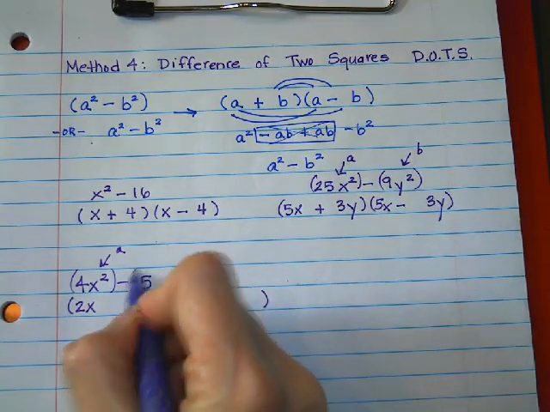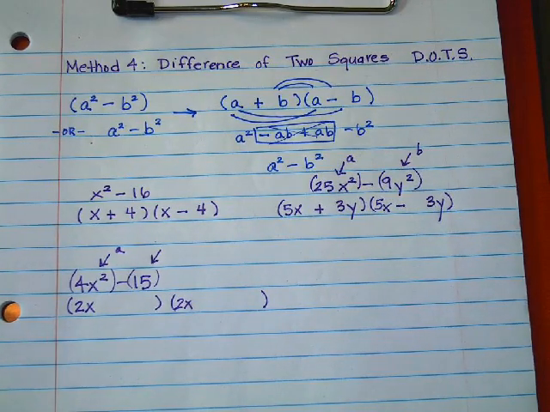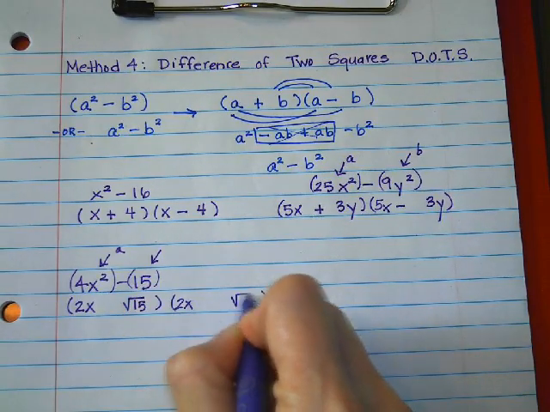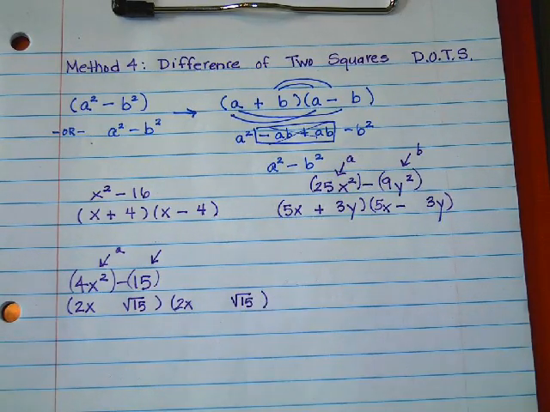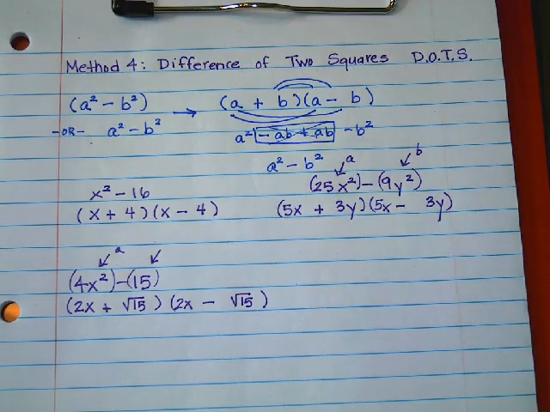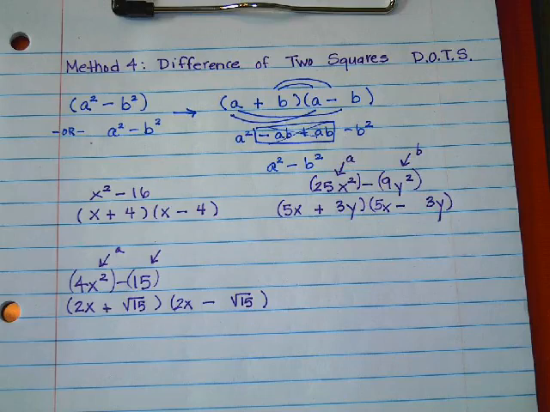This whole back part is your b value. Well, 15 is not a perfect square, so the only way we can write it is square root of 15, because we can't find its square root exactly. One gets a positive and the other gets a negative. Then from here, you could set each of your factors equal to 0 and solve for x. All right, we're going to pause and move to the next one.